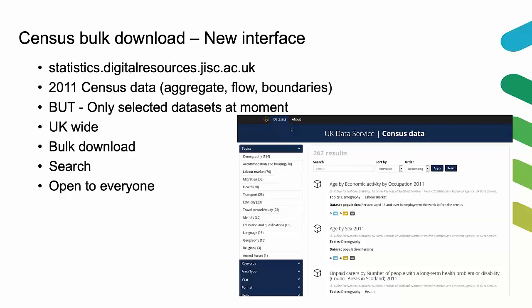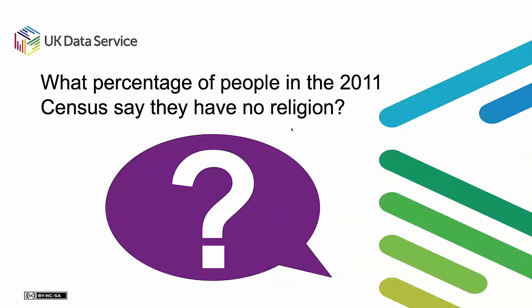That is bulk download, so it's a complete table for the areas you're looking at. Again, open to everyone. So we're going to have a little question about one aspect of aggregate data in the 2011 census. So this is, what percentage of people say they have no religion?